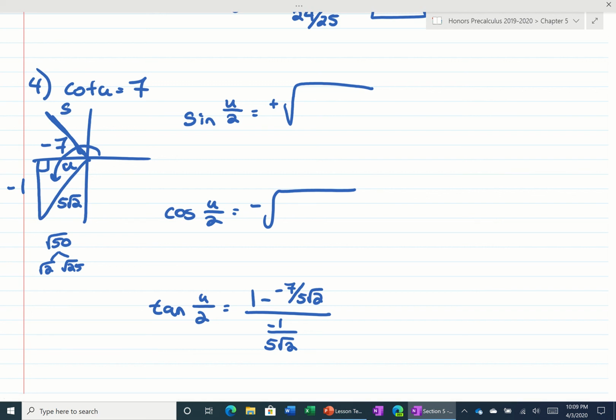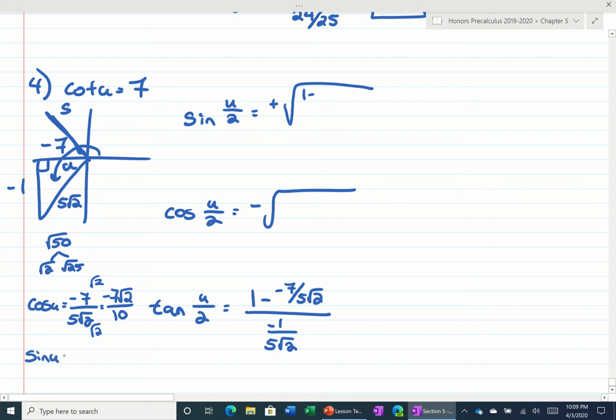So sine of u over 2, that's going to be 1 minus the cosine. And let's actually just do it over here. The cosine of u would be negative 7 over 5 root 2. Multiplying by root 2 over itself, we get negative 7 root 2 over, if you multiply top and bottom by root 2 over root 2, 5 times 2 is 10. That's what the cosine of u is.